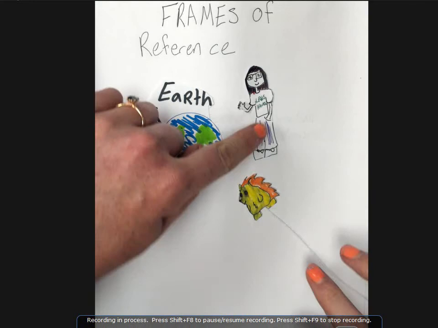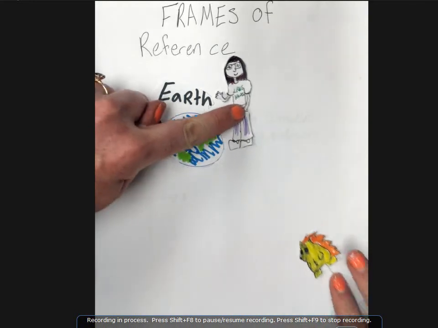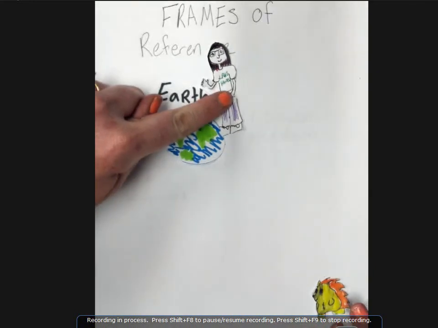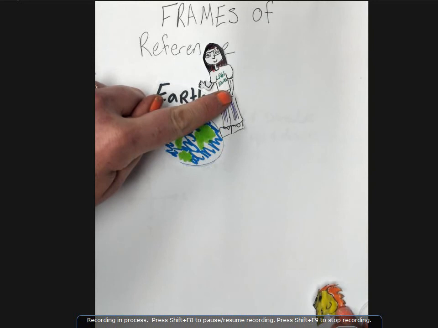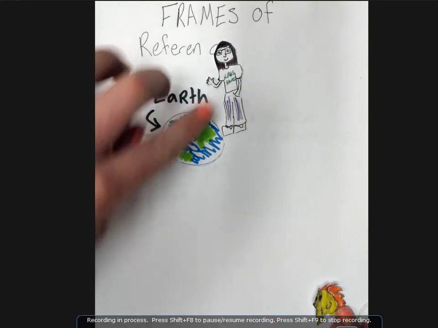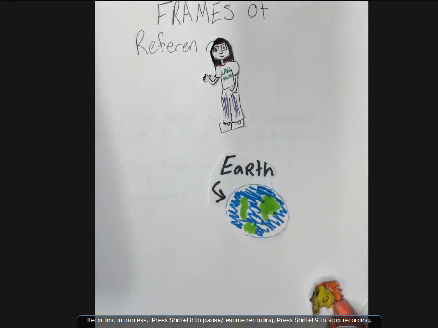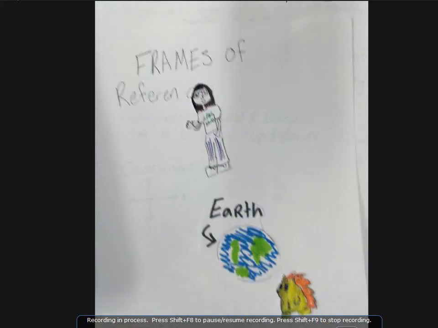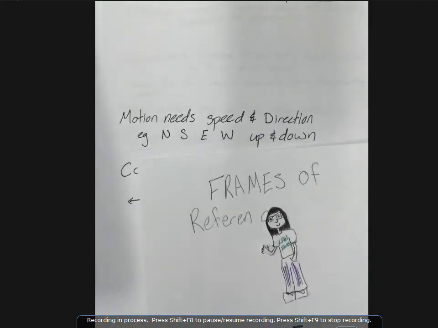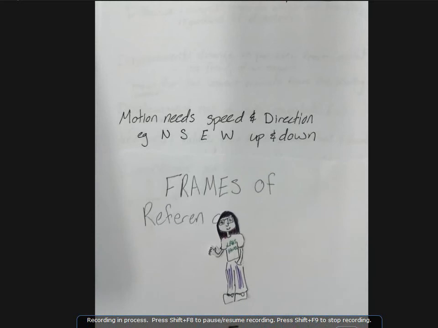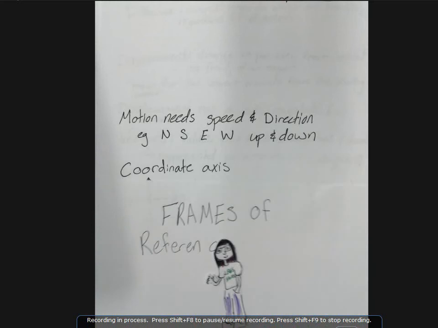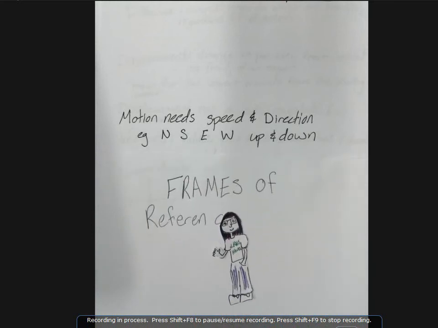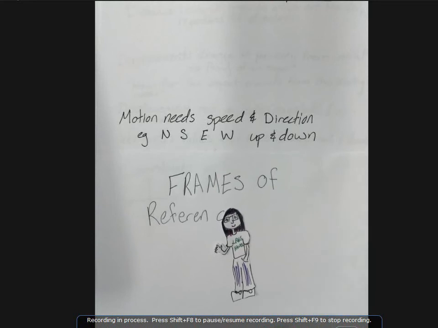If you're traveling in one direction and the hedgehog is traveling in the other, and you have to determine, is your frame of reference going to be from yourself or from the Earth, you need to specify what that frame of reference was. So motion needs a frame of reference. Motion also needs to be given both a speed and a direction.